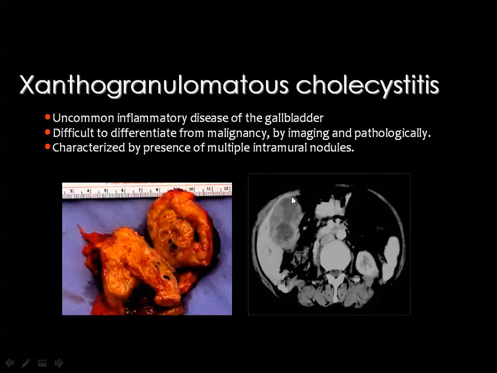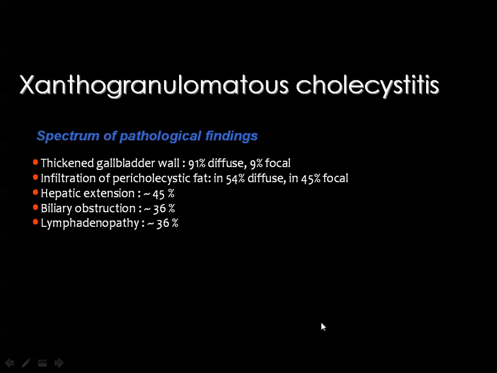Whenever you see that the gallbladder wall is thickened and you see masses or nodules in the wall, you have to diagnose that this is malignancy. But sometimes this gallbladder will be removed, and the histopathology will come with this diagnosis, xanthogranulomatous cholecystitis.